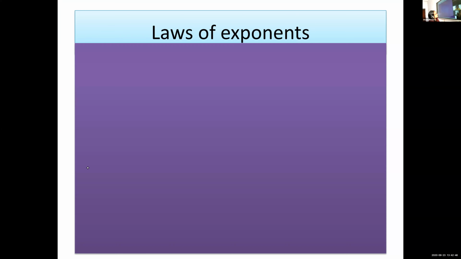Say the laws of exponents. Say the first one. Advait, unmute and say the first law. Which was the first law?